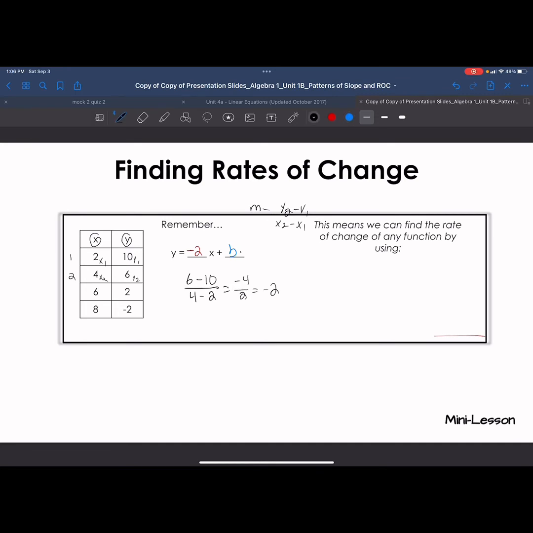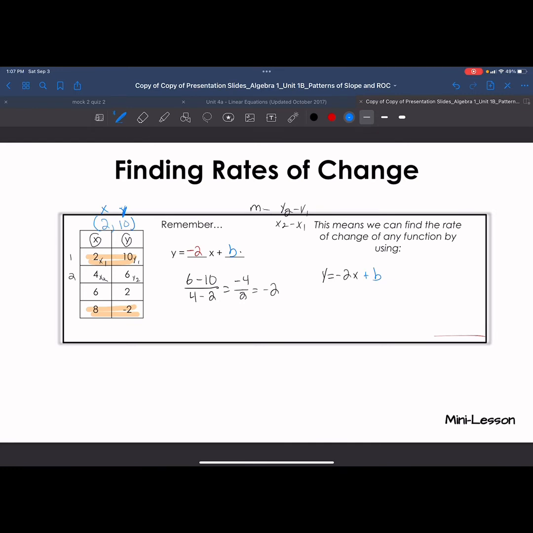So we have y equals negative 2x plus b. What we note here is we have points, x and y. It doesn't really matter which point we use. I'm just going to use the first point where I have a 2 as my x, 10 as my y. If I have an x and y, I can substitute those values into the linear equation to find my b value. So if the table's ever too difficult to work back, remember, you find the slope, then you can substitute your x and y in to find the b.